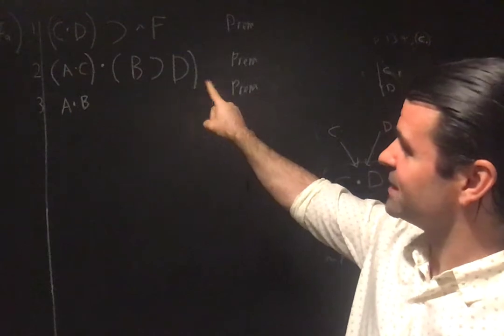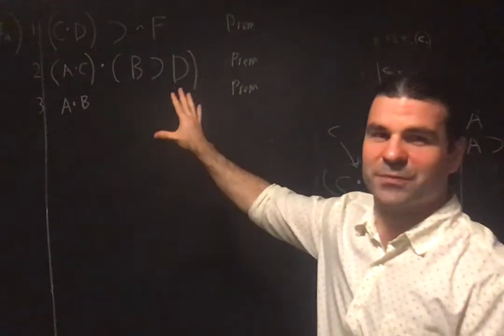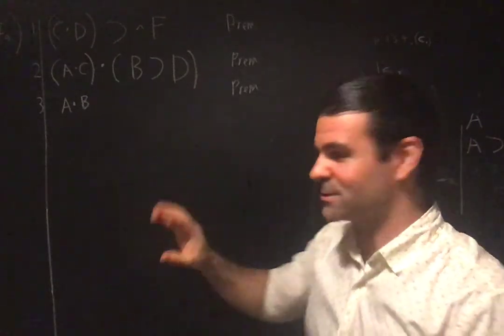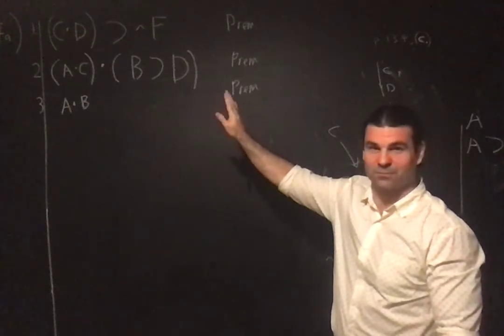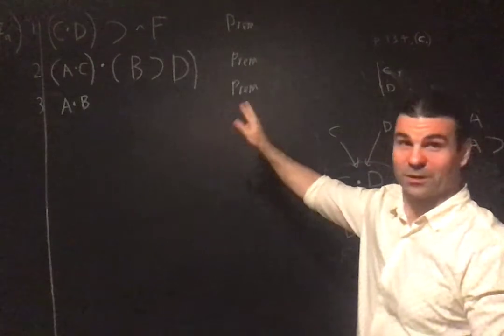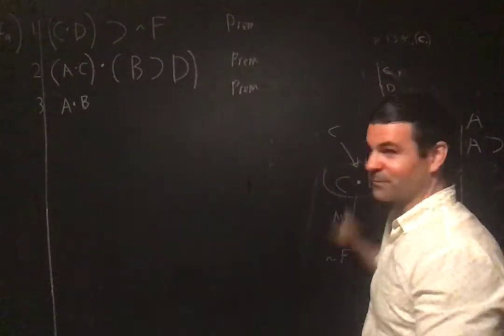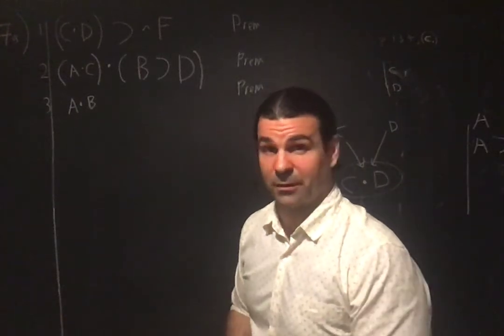Oh, sorry, I've confused myself, because we figured out we needed C and D because of premise 1. We needed C and D because we want to do modus ponens on 1. Forget that last bit.